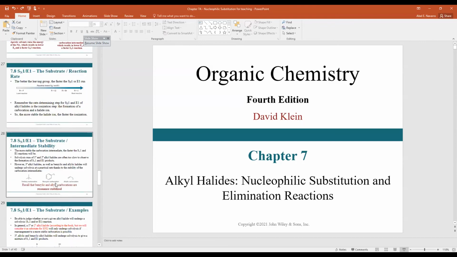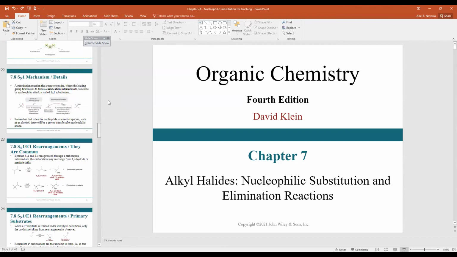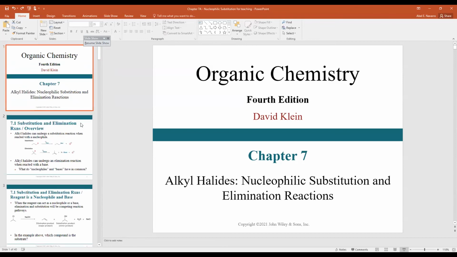So this one is actually shorter than what is posted on Blackboard, but content-wise, it is the same material. Please let me know if there are any questions regarding substitution. Right now we only did substitution reactions, only this part, and elimination reactions will come next. So let me know if there are more questions about this chapter.